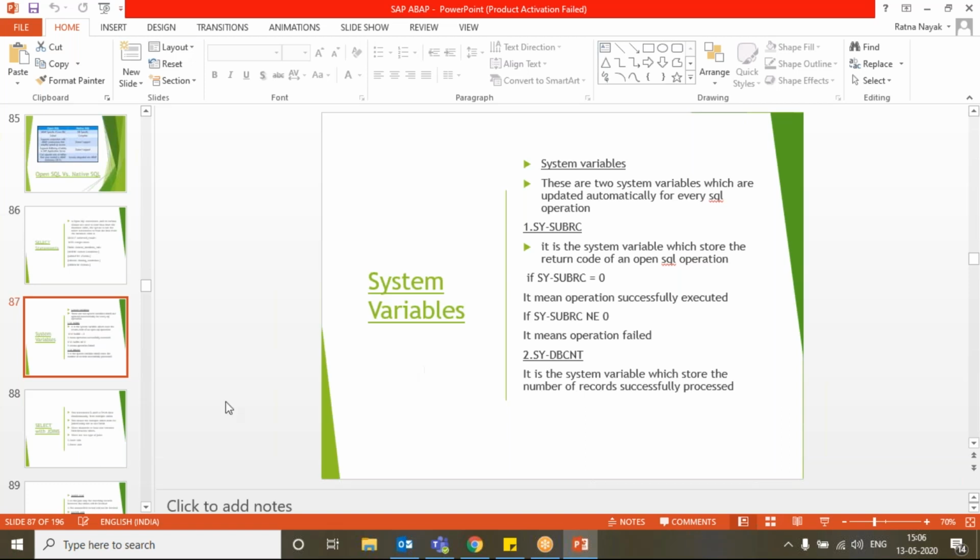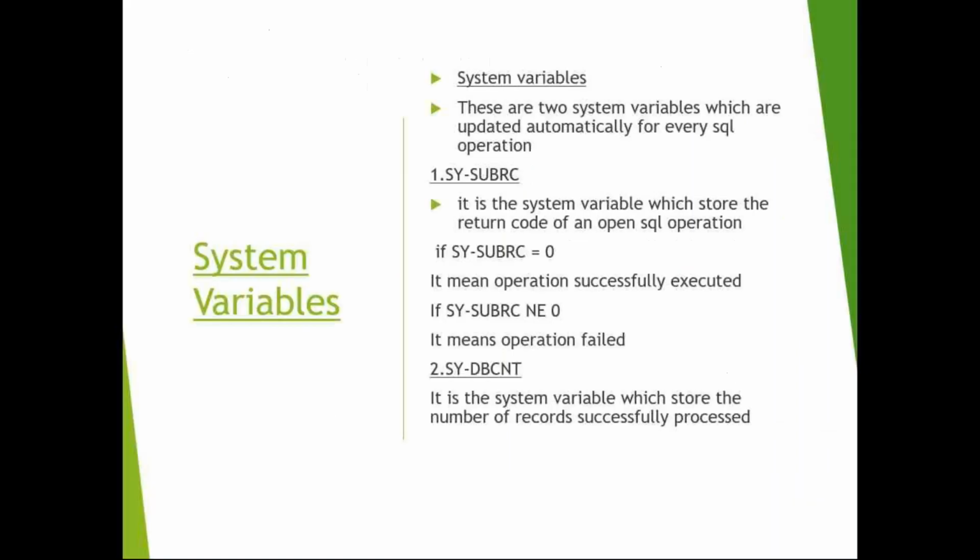So the next thing is the system variable. See, SAP has given a system variable to check all sorts of OpenSQL statements, that is sy-subrc. As I told you, if sy-subrc is 0, that means the operation has been executed successfully.